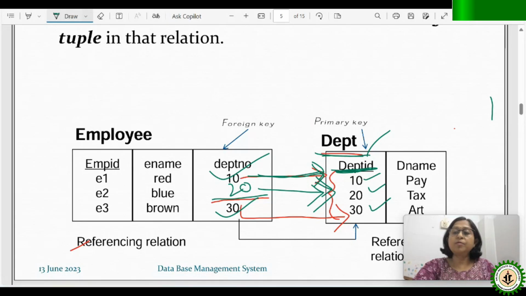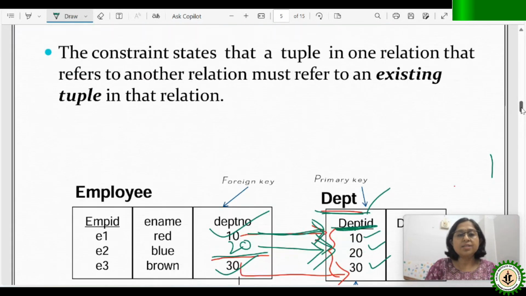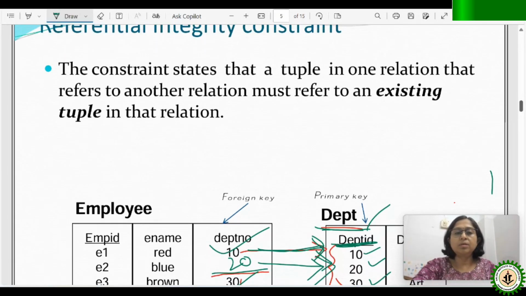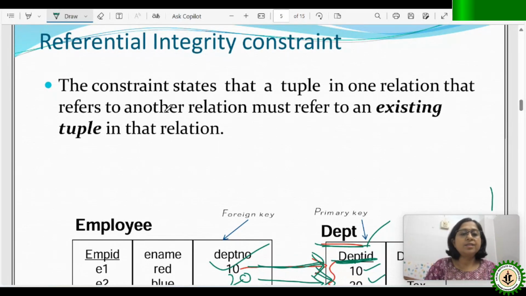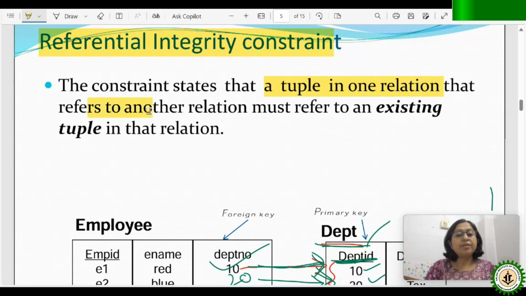Now let us go with the formal definition of the referential integrity constraint. The constraint states that a tuple in one relation that refers to another relation must refer to an existing tuple in that relation.